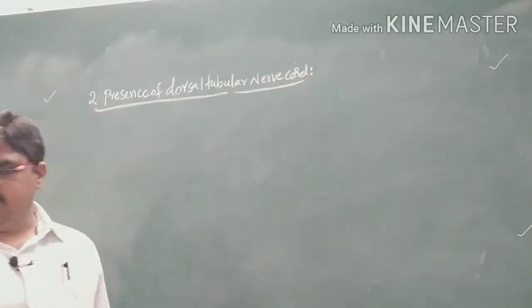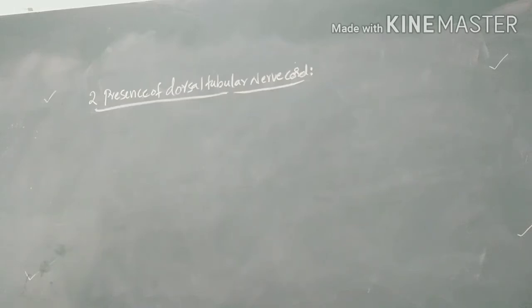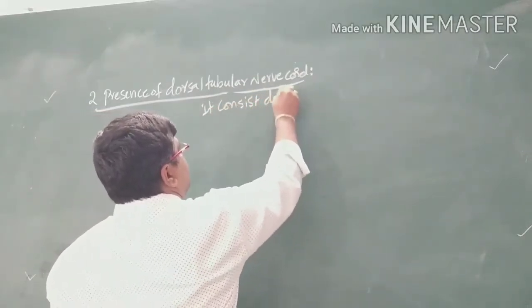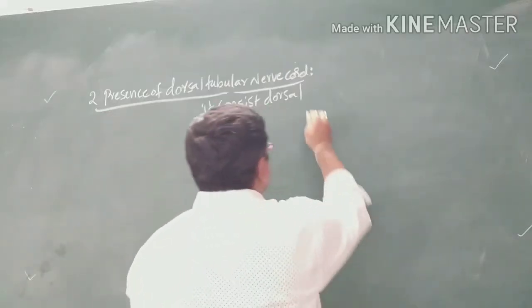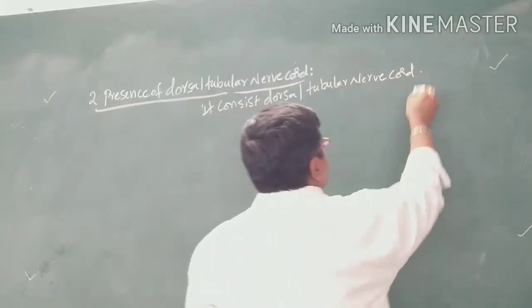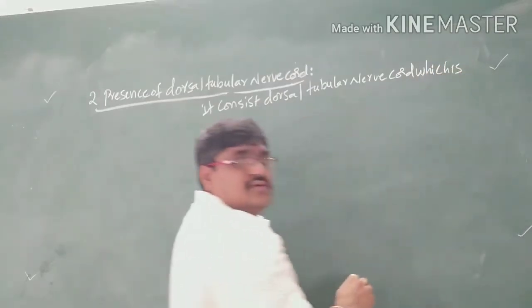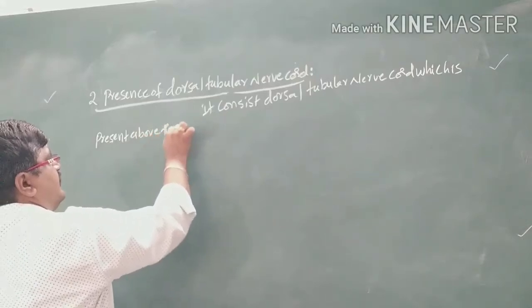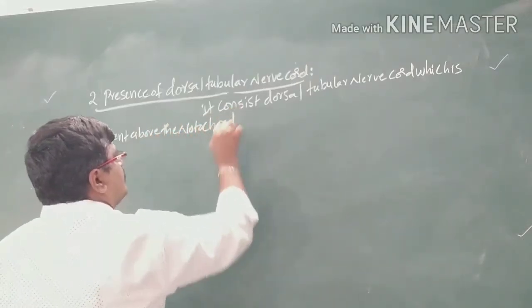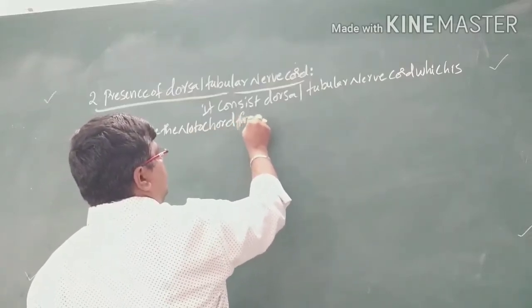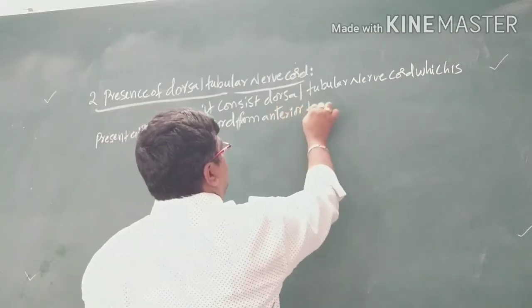This dorsal tubular nerve cord is present above the notochord, from the anterior to the posterior region.